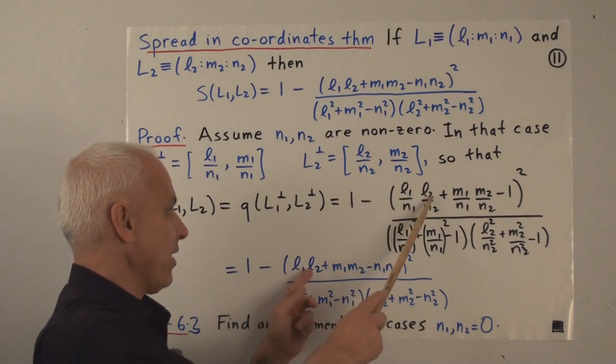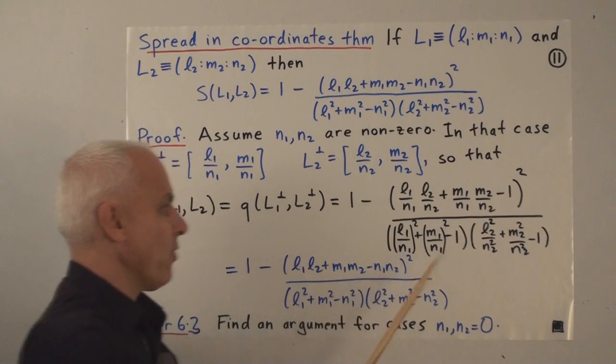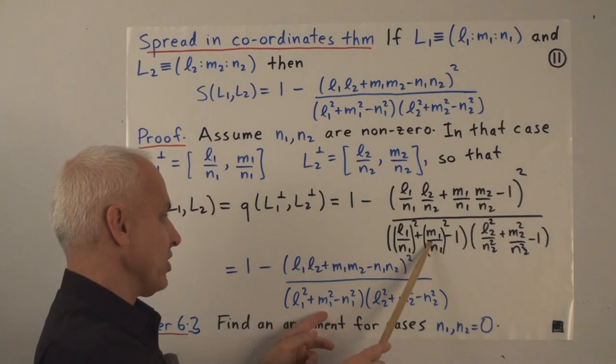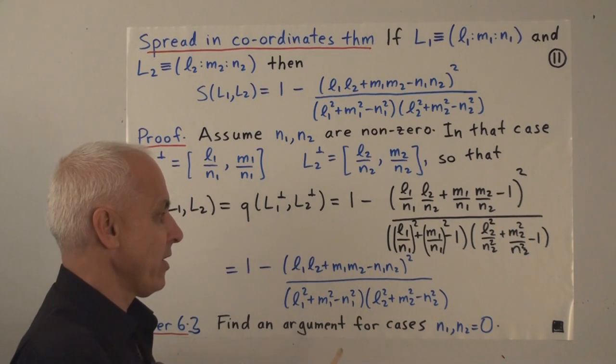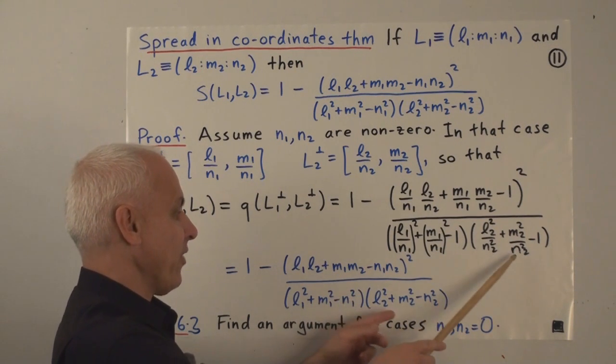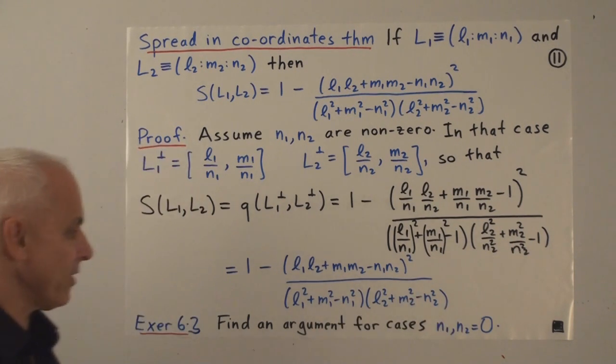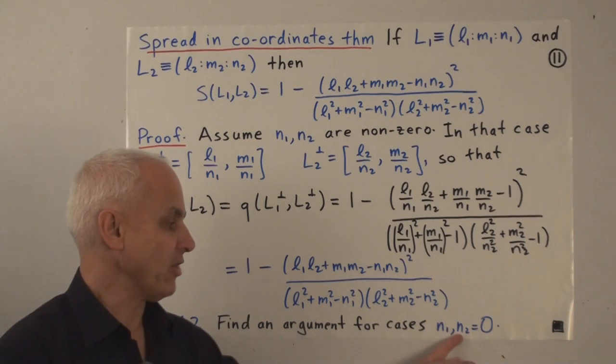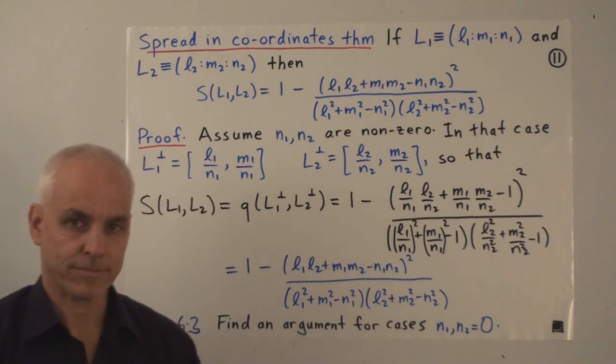So this becomes L1L2 + M1M2 - N1N2. And this one becomes L1² + M1² - N1². And this one L2² + M2² - N2². And I'm going to leave to you as an exercise to find an argument for the cases when N1 or N2 are 0.